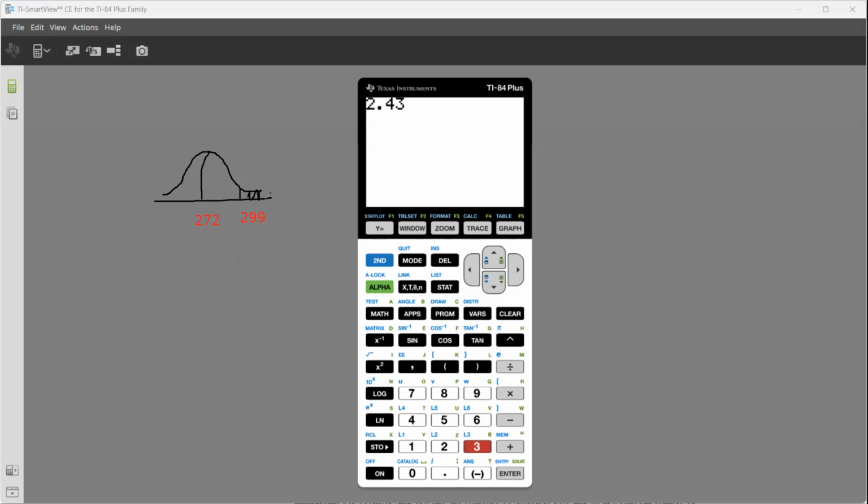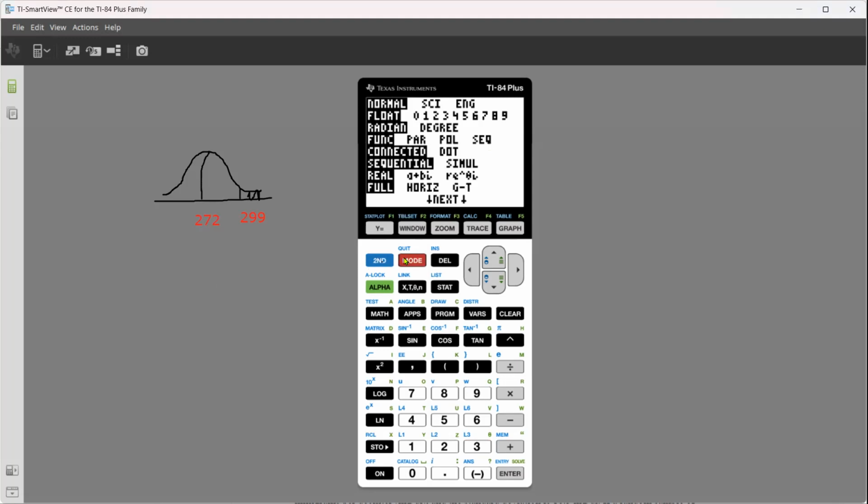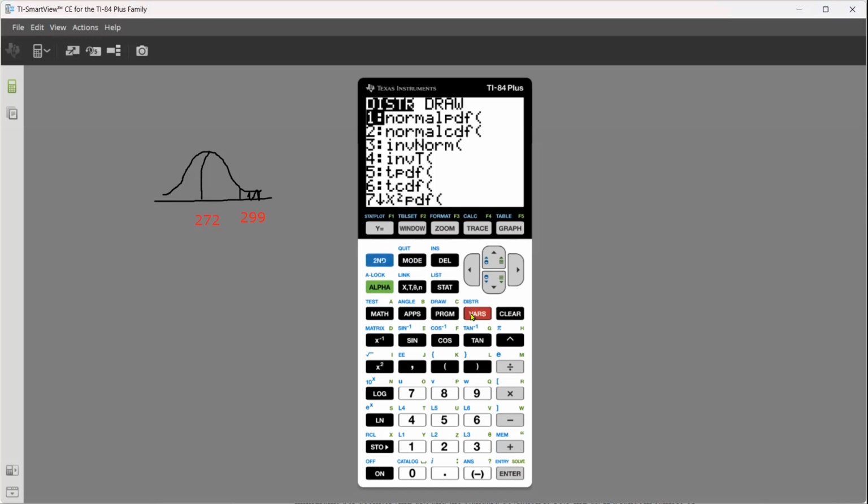So now we're going to put that in the calculator. Second distribution, normal CDF.